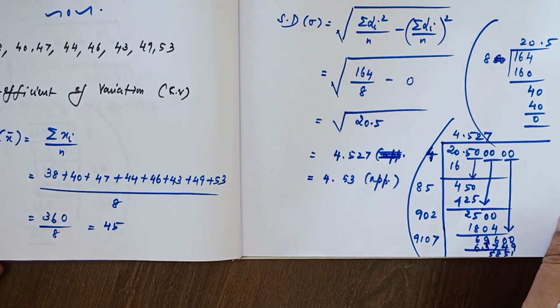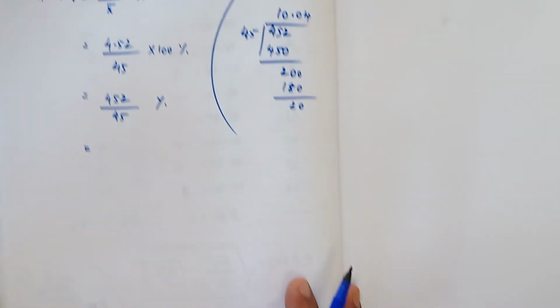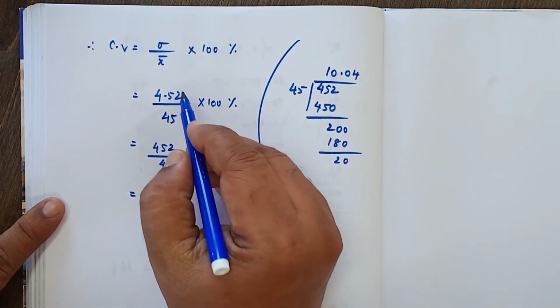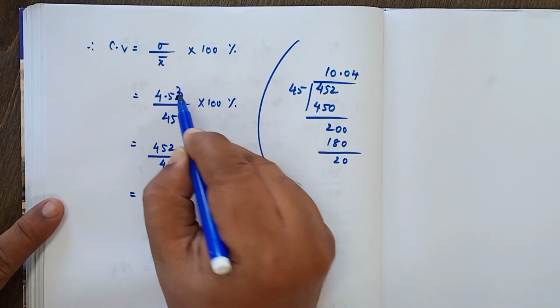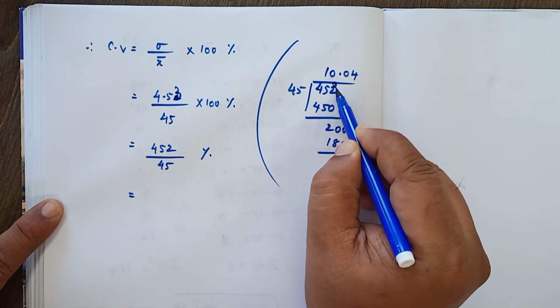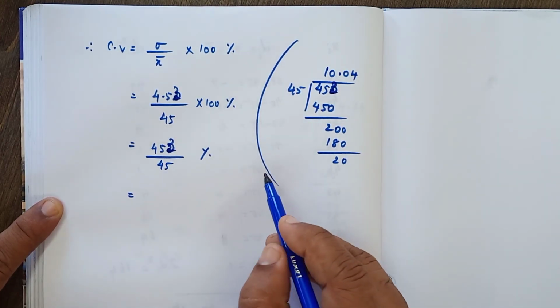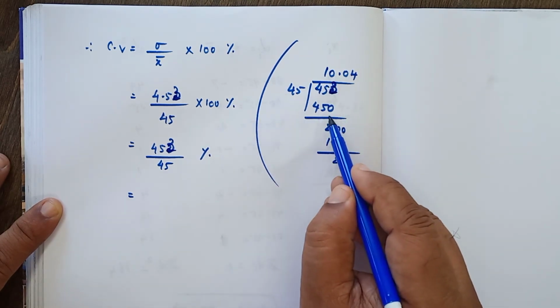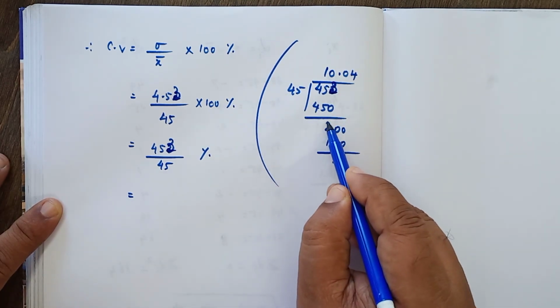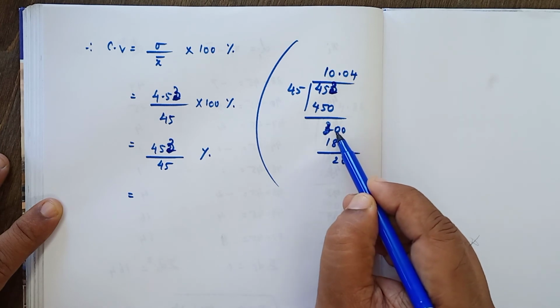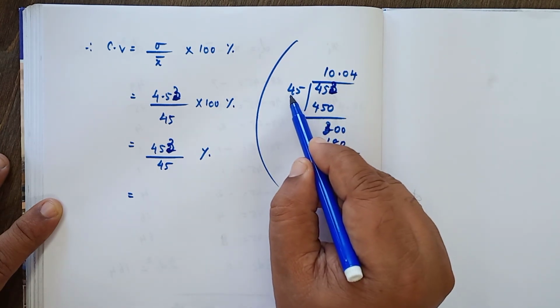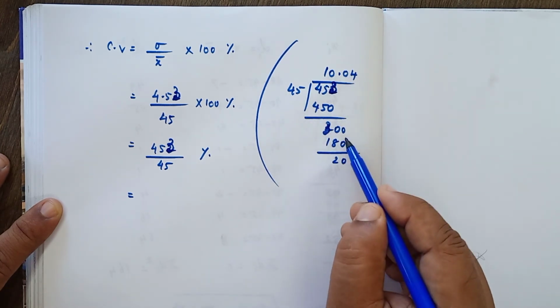Now a small correction over here. This is 53. Now 3. This is also 3. Now 10, 45 balance 3 here. Now 30 cannot be divided, so 0, here also 0.